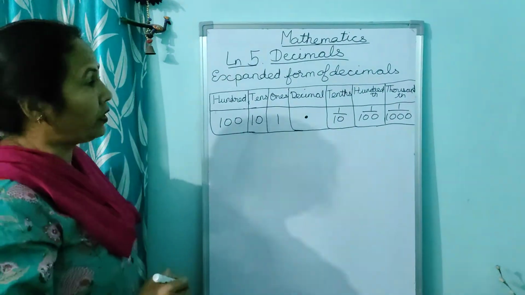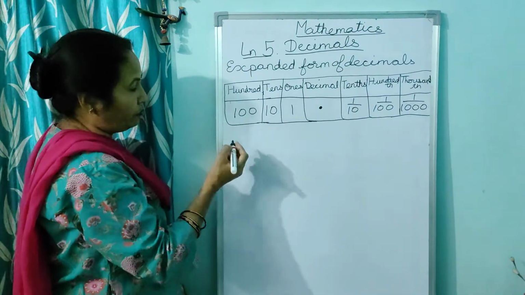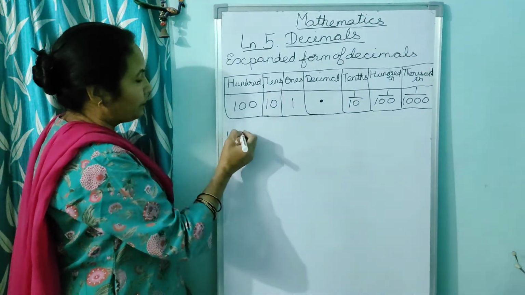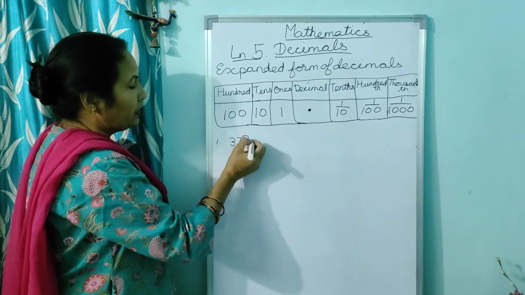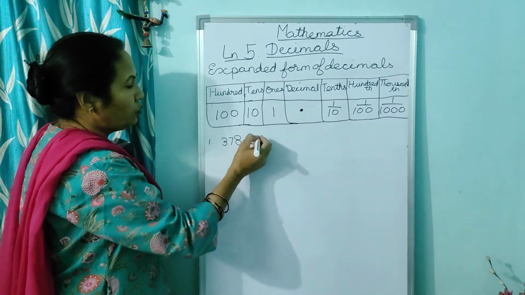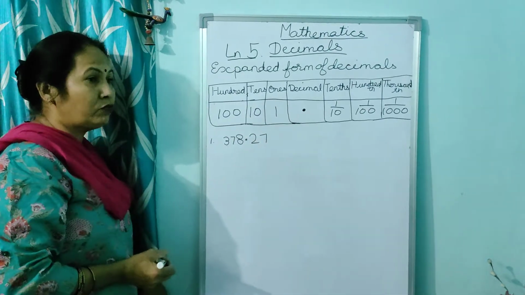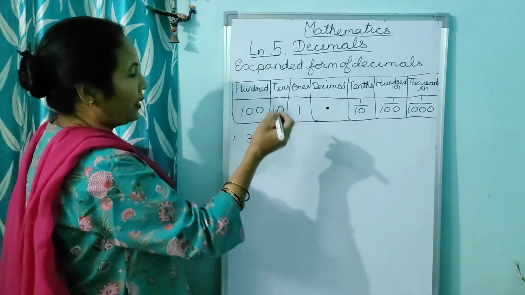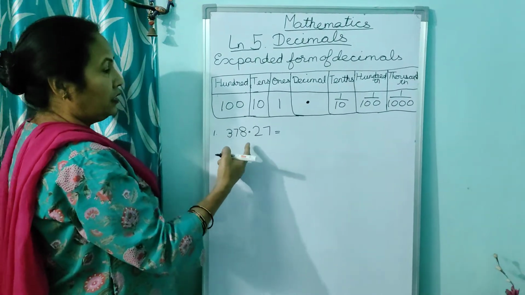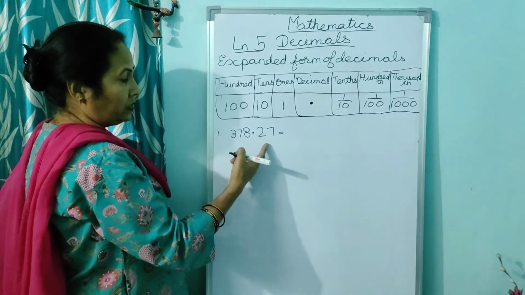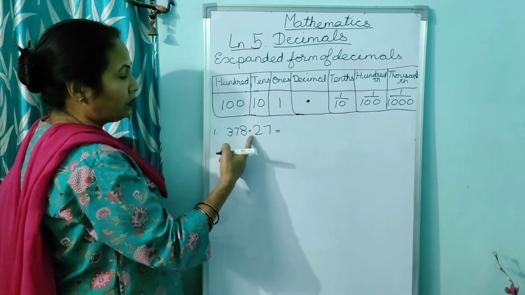Now when you have to write a number, I'll give you an example of one number, that is 378.27. Now you have to write this in the expanded form. So you will see in which place each digit is. Here you have the decimal number.